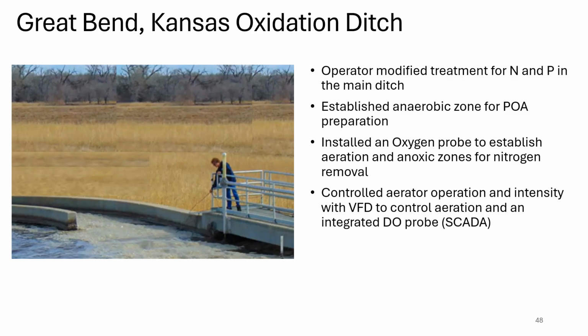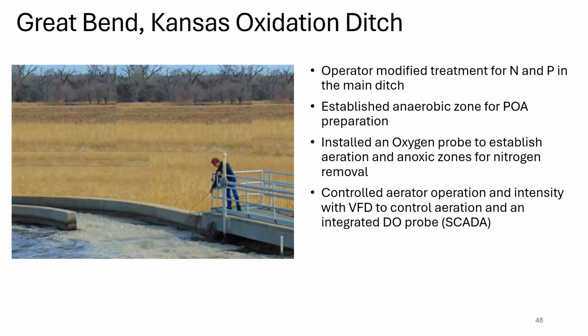So their surface aerator was controlled with a VFD, a variable frequency drive, that would allow that motor to run at any RPM that was necessary. And it ran, through a SCADA system, according to what the DO probe said. So if they wanted it to go from 2 milligrams per liter oxygen down to 1 and then down to 0, maybe they were monitoring a little bit upstream of that.